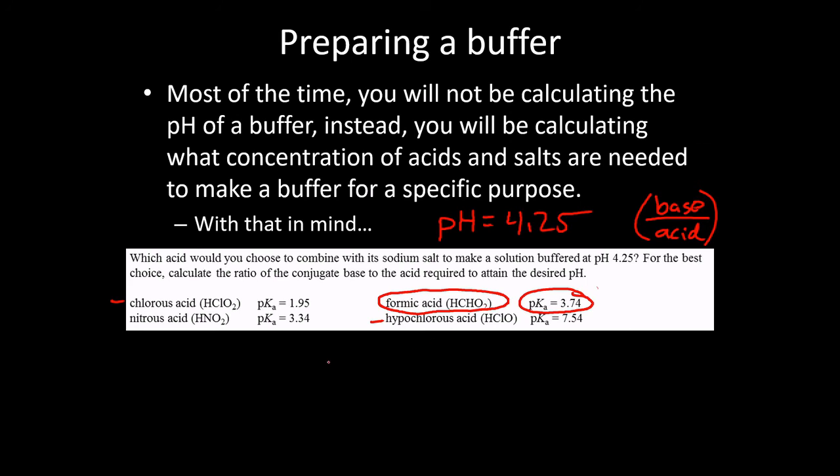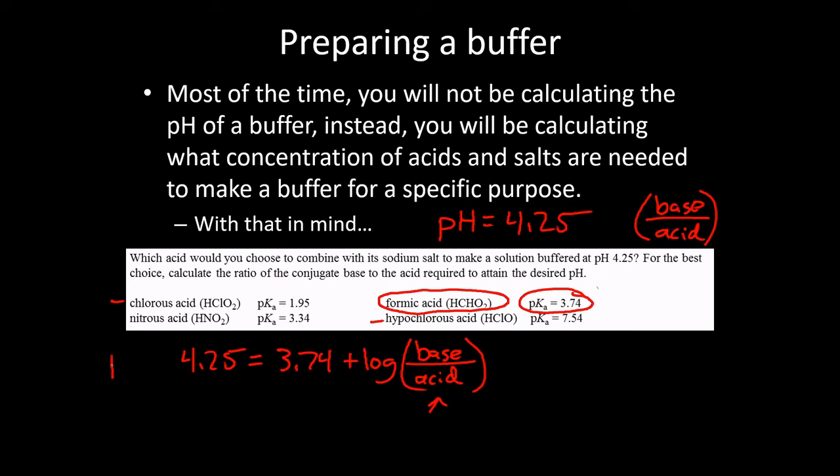So we're going to go with the formic acid. We know we want a pH of 4.25, and we know that the pKa for formic acid is 3.74. So what we want to do is solve for this ratio.